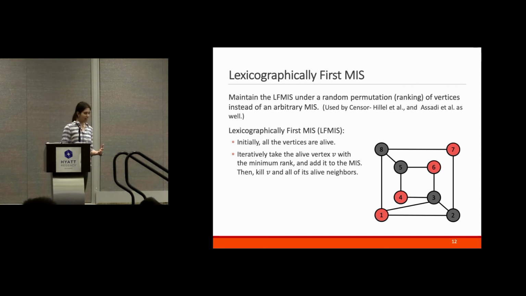So it seems that the lexicographically first MIS should be harder to preserve than an MIS.